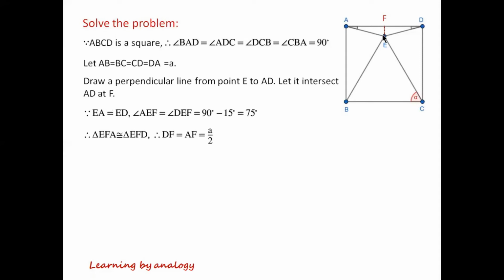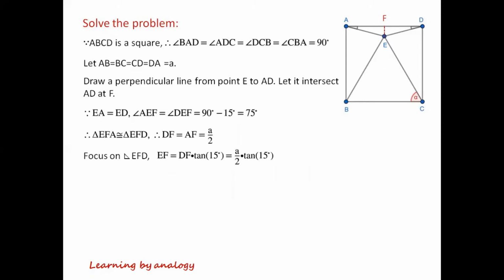So triangle EFA is congruent to triangle EFD. So DF equals AF equals A over 2.